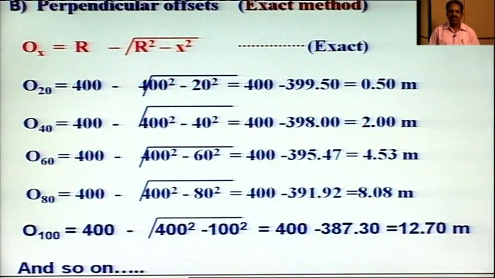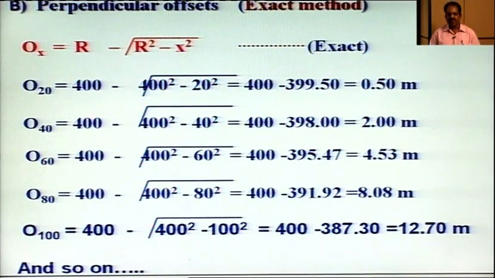For O40, R is equal to 400 and x is 40. That comes out to be 2.00 meter. For the offset at 60 meter interval, R is equal to 400 meter and x is 60 meter. That value comes out to be 4.53 meter.